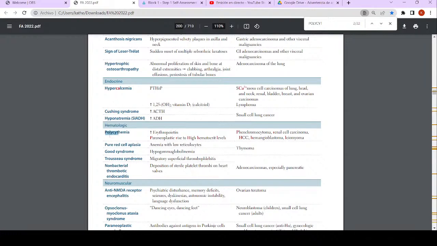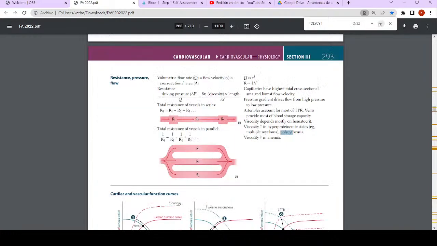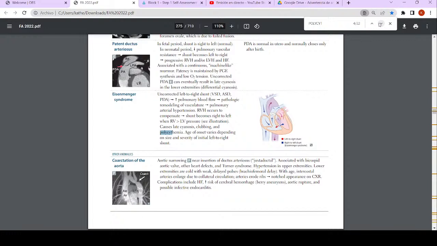If there's polycythemia plus more EPO, paraneoplastic rise to high hematocrit levels. Eisenmenger syndrome leads to a right to left shunt.